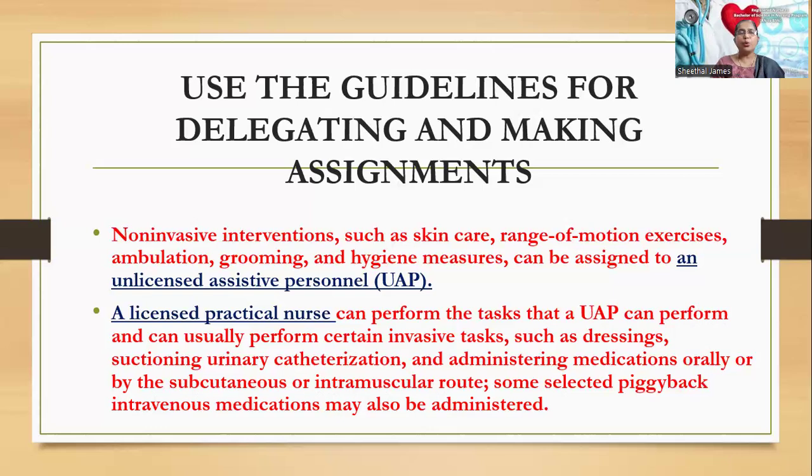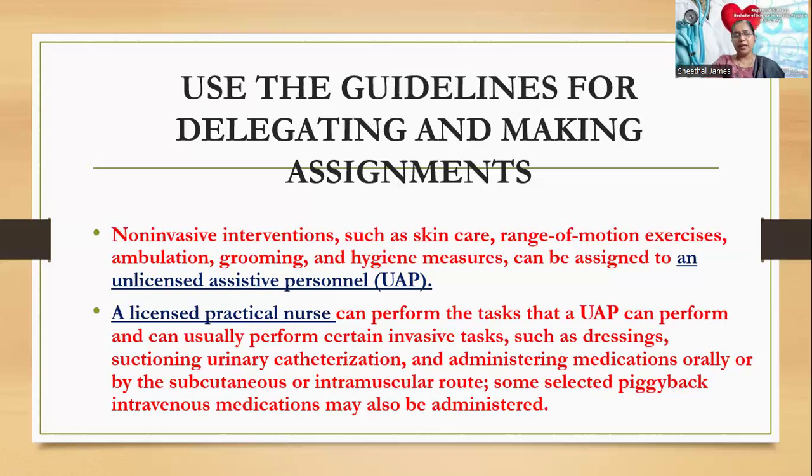A UAP is an unlicensed assistive personnel. Okay, and an LPN is a licensed practical nurse, and there will be a registered nurse, RN. Okay, so let us see. An unlicensed assistive personnel will be taking care of a patient's mobility needs or some exercises or maybe some hygiene needs, something like that.